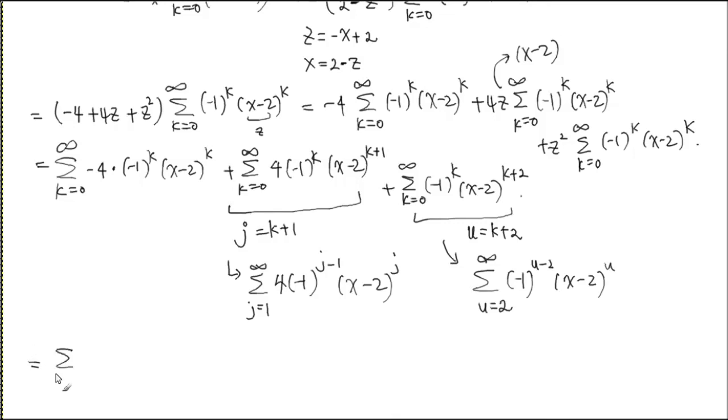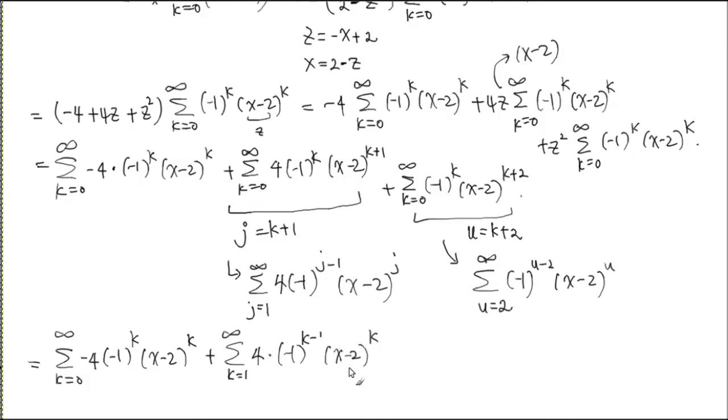So you go back to k. k going from 0 to infinity, negative 4, negative 1 raised to the kth power, x minus 2 to the kth power, plus the second one starts from k going from 1 to infinity, and 4 times negative 1 to the k minus 1, x minus 2 to the kth power, plus this one starts from k going from 2 to infinity, negative 1 to the k minus 2, but I'm dropping that minus 2, right? It doesn't do anything to the negative 1. So it's x minus 2 raised to the kth power.